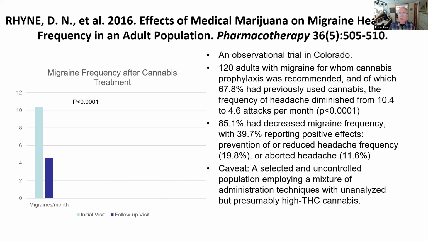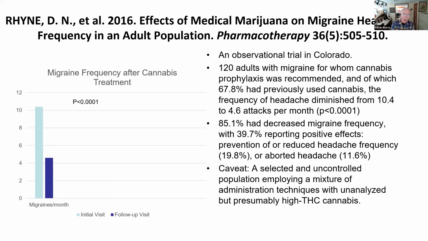Two thirds had used cannabis previously, and in the cohort, there was a reduction in attacks of headache from 10.4 to 4.6 per month, which was highly statistically significant. The vast majority had decreased migraine frequency.